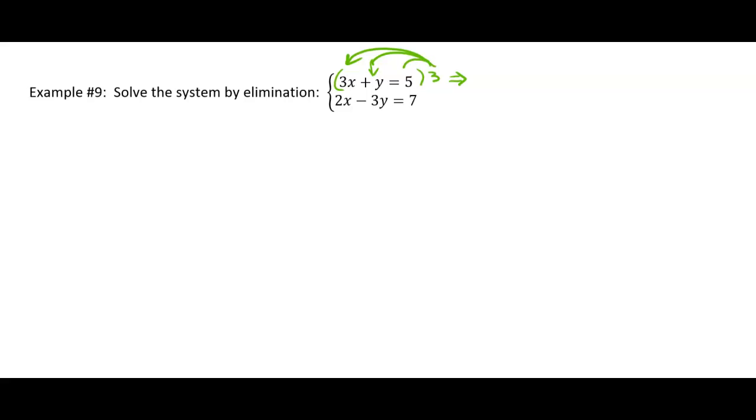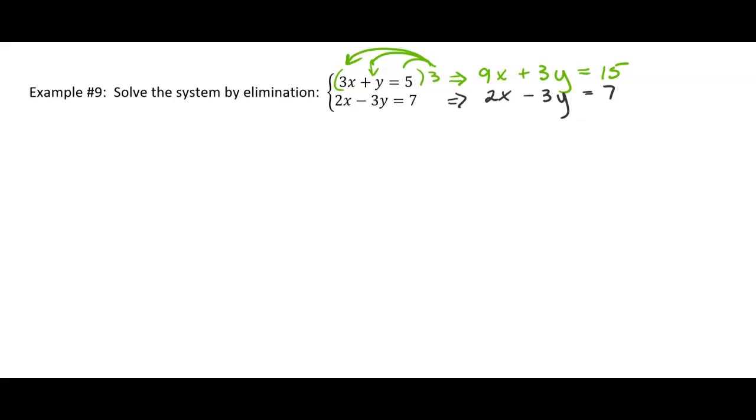So I'm going to get 9x plus 3y equals 15. So you're allowed to multiply by any real number, as long as it's not 0, and to both sides of an equation. The bottom equation, we're not going to do anything with that. We're just going to keep it, or I'm going to copy it. So 2x minus 3y equals 7.